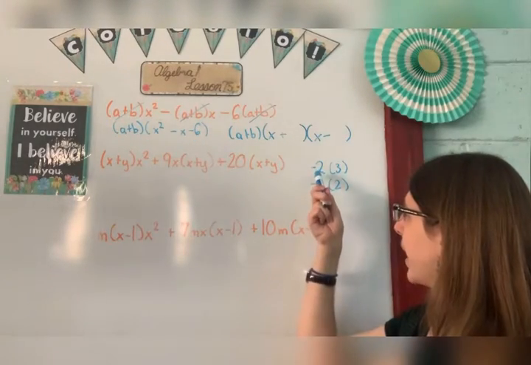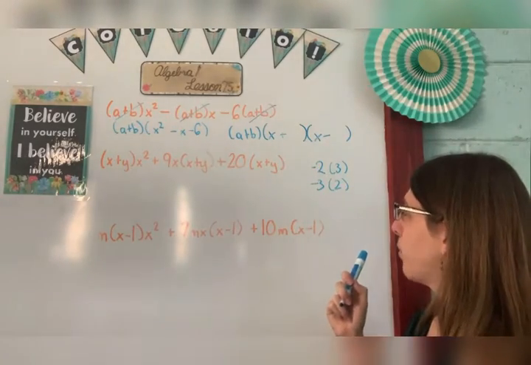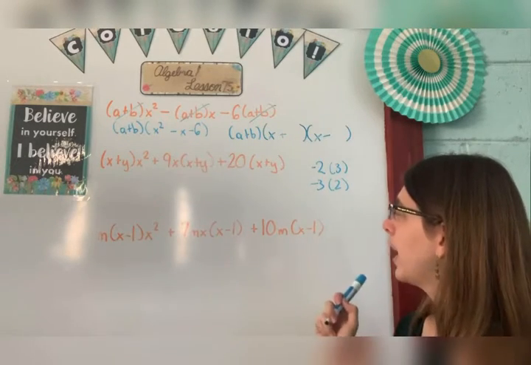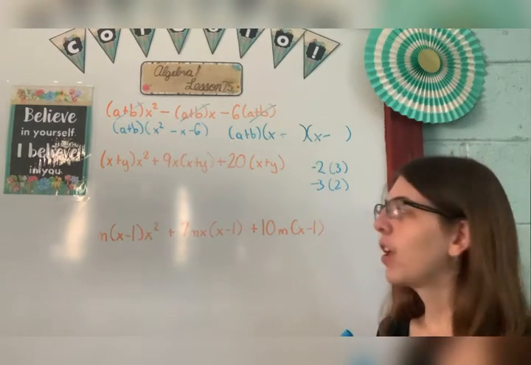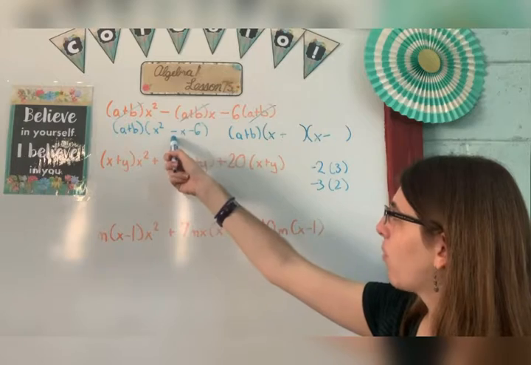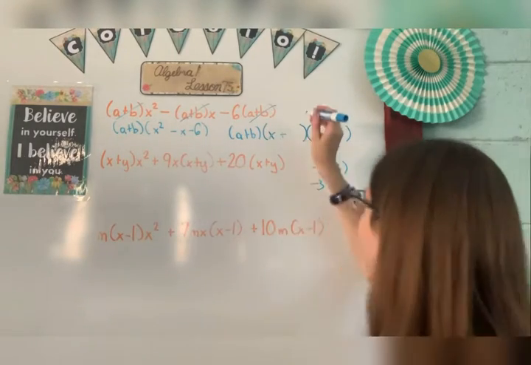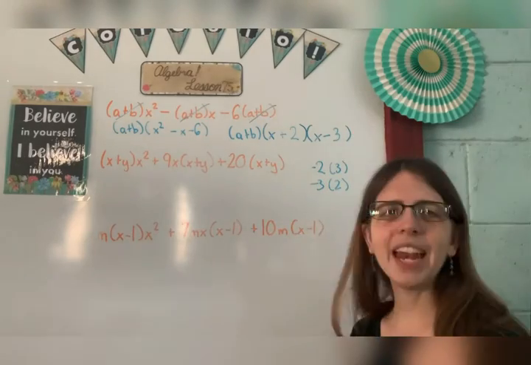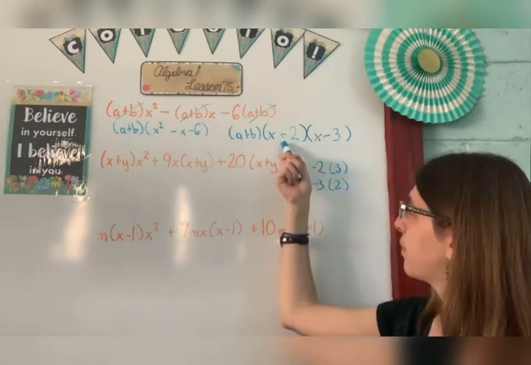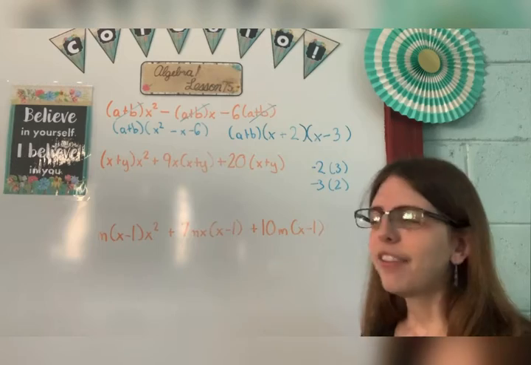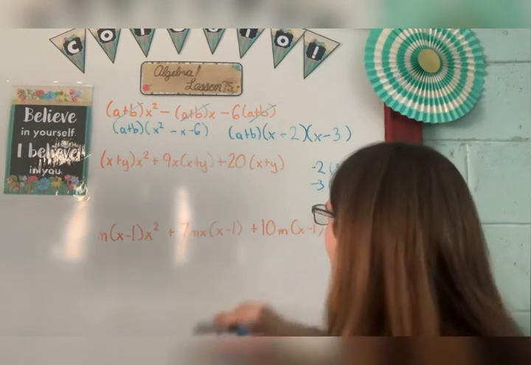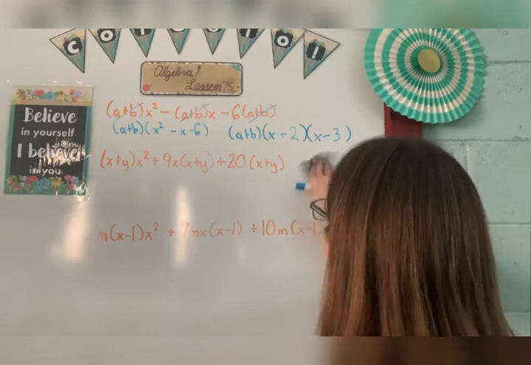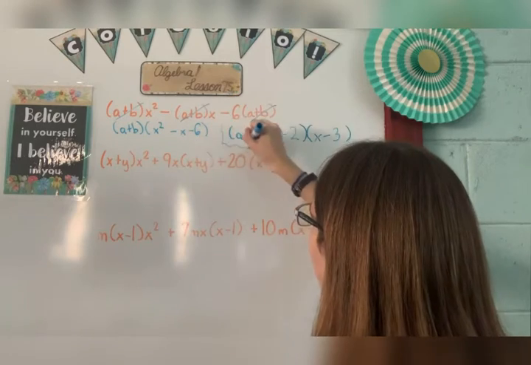Well, -2 plus 3 is +1. -3 plus 2 is -1. I have -1 here, so it has to be a +2 and a -3. And again, it doesn't matter the order. If you put -3 first and +2 second, that's the same thing. So that would be your answer for this problem.